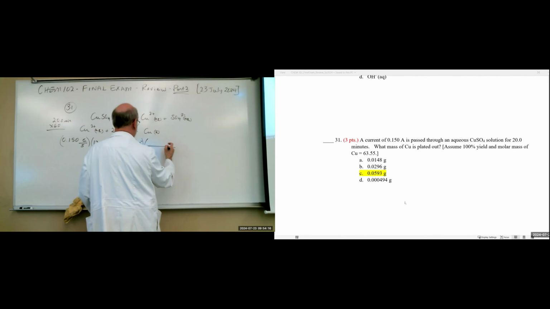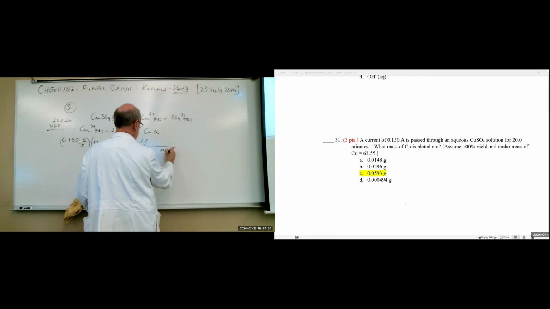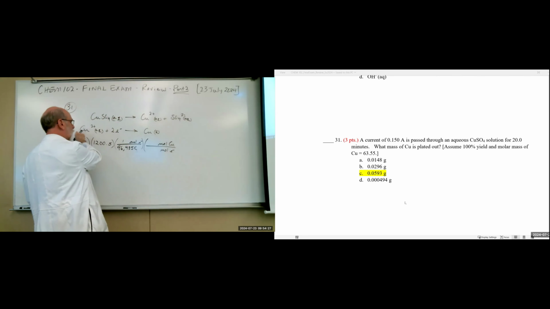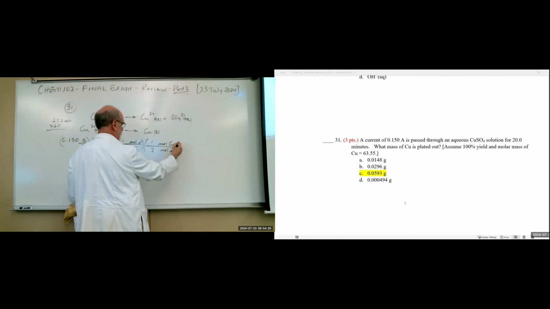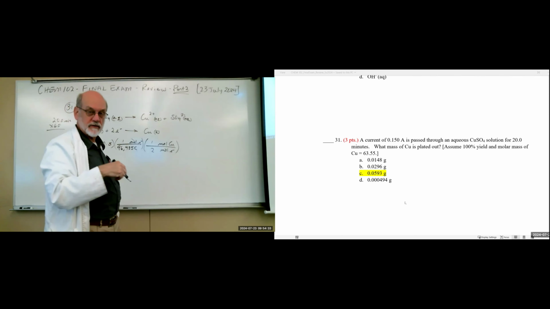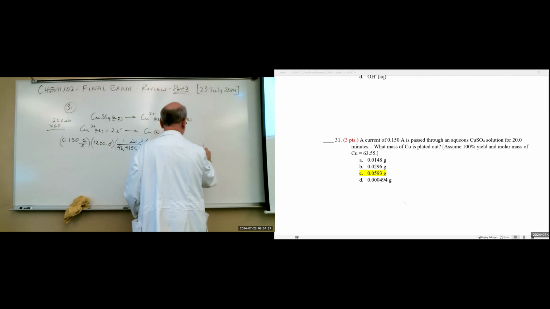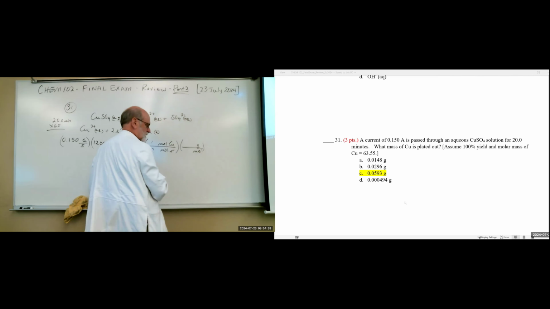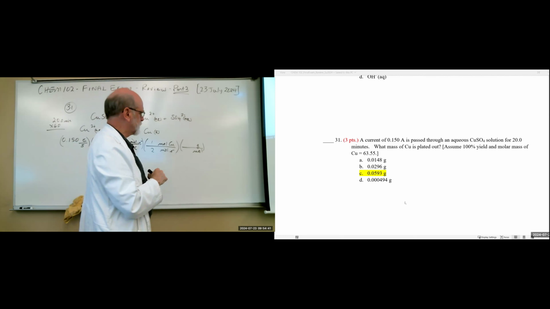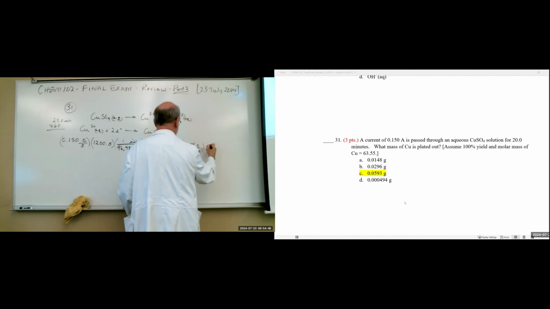Now, what's the ratio of moles of electrons to moles of copper? It's 2 to 1. Now we want to convert moles of copper to mass of copper. 63.55. There we go.